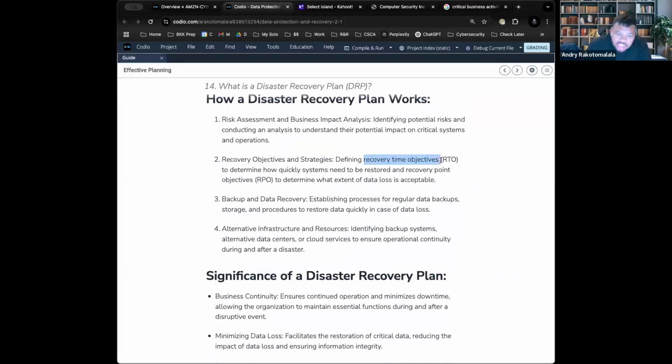RTO is recovery time objective. It just says, how long are we willing to be down for? Recovery point objective is how much data are we willing to accept to lose? Okay. So those are the two measuring points for disaster recovery and BCP.